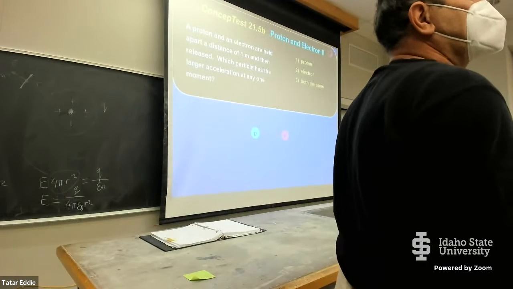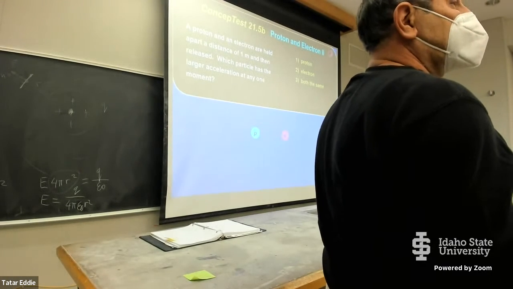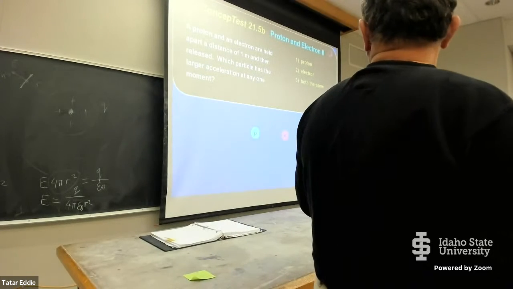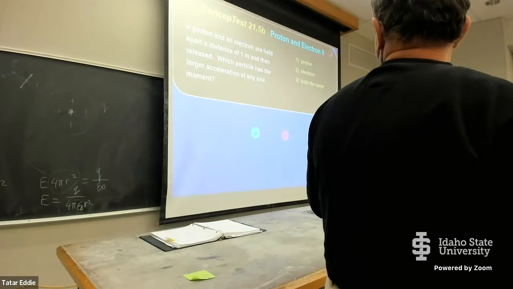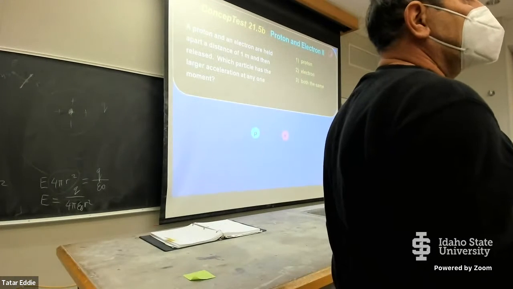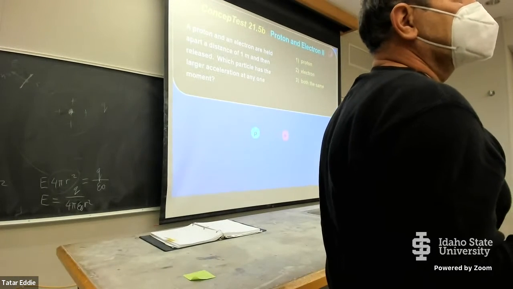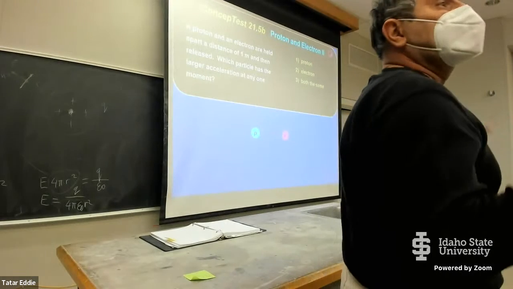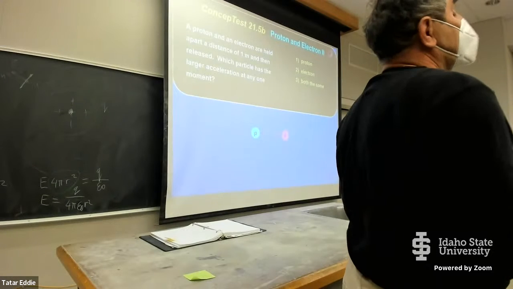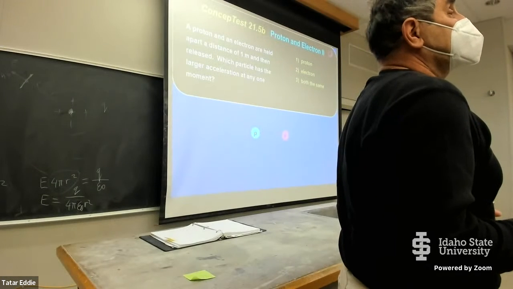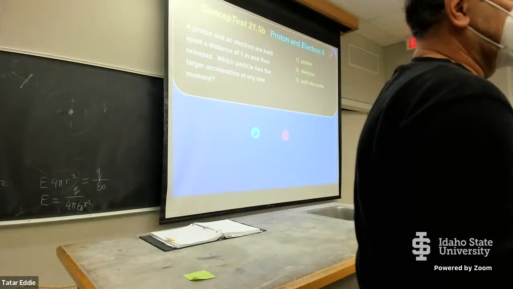Exactly the same force in magnitude. Which one is going to accelerate more? The acceleration. Clearly the electron, because force is mass times acceleration. Large mass means small acceleration, because the force is the same.